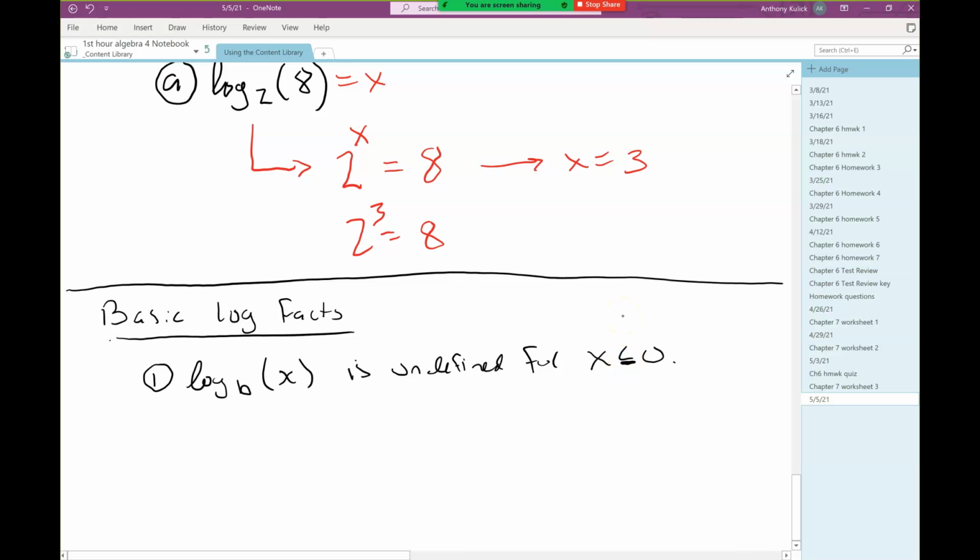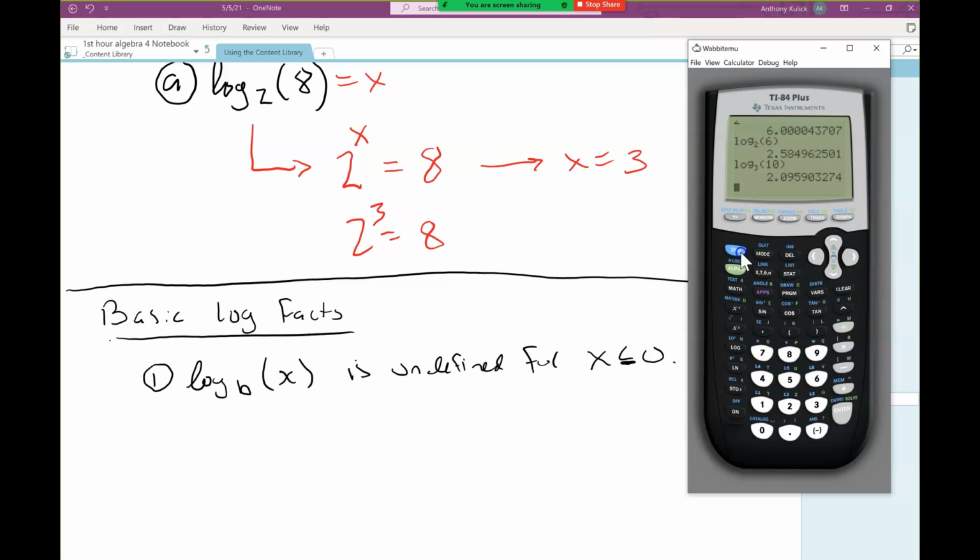So some basic facts about logarithms. If I take the logarithm of a non-positive number, that is undefined. So for example, if I wanted to do log base 3 of negative 10, I tried typing that into my calculator, and it's giving me this imaginary number.